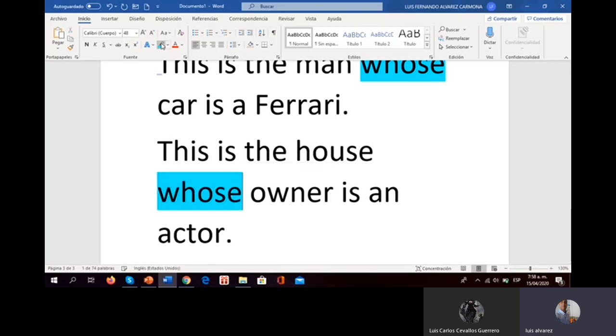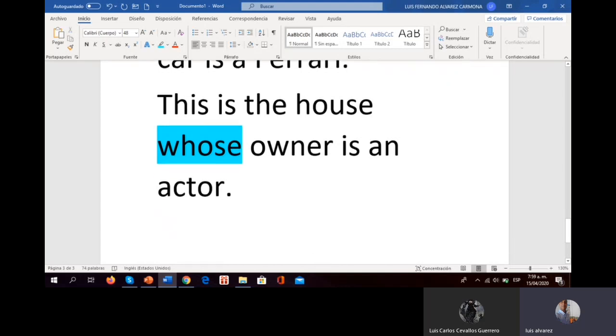Once more. This is the house whose owner is an actor. So that means the house belongs to the actor. Because the actor is the man who possesses the house. All right. Can you give me an example?